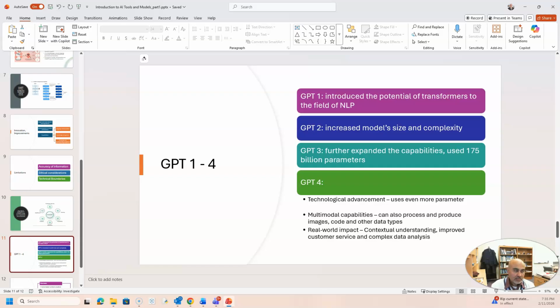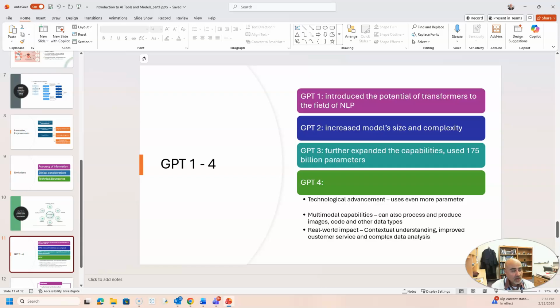So ChatGPT, or the GPT series, started from 1. Now we are in 4, and of course looking in the future for the next one to come out.